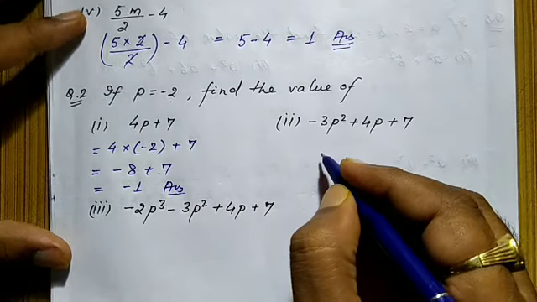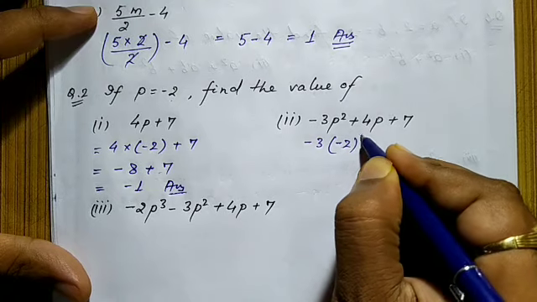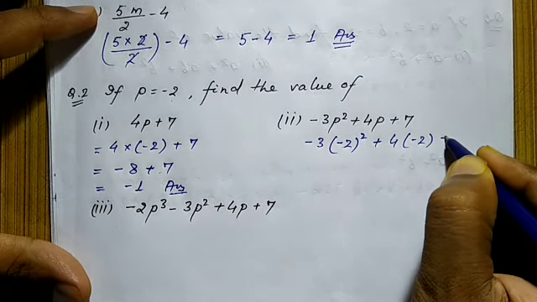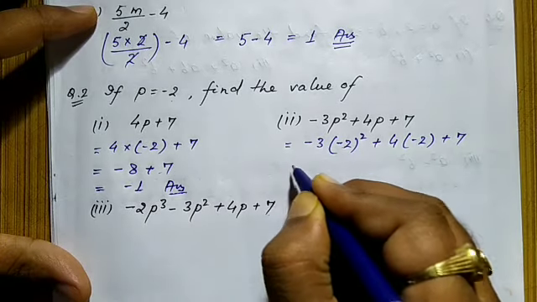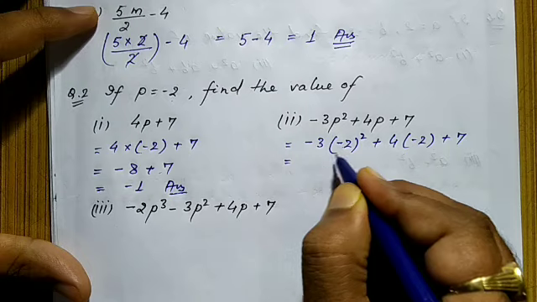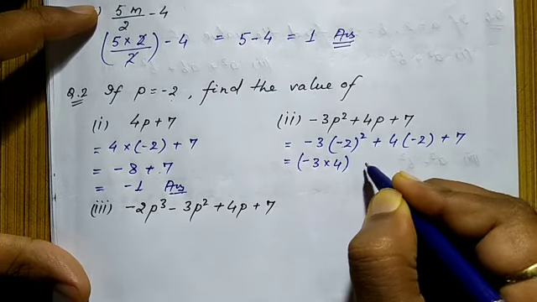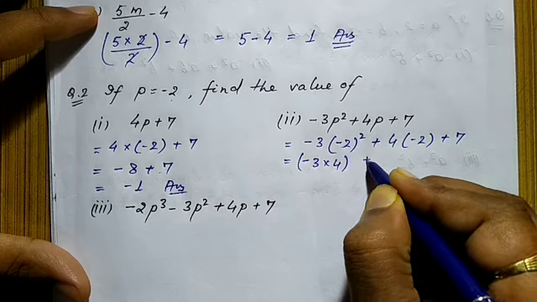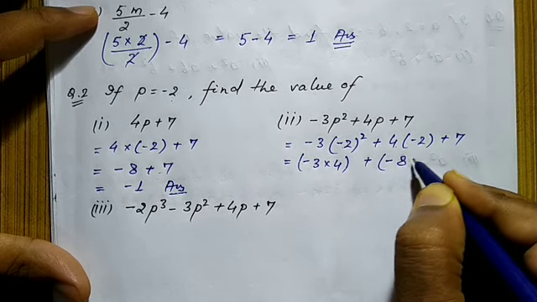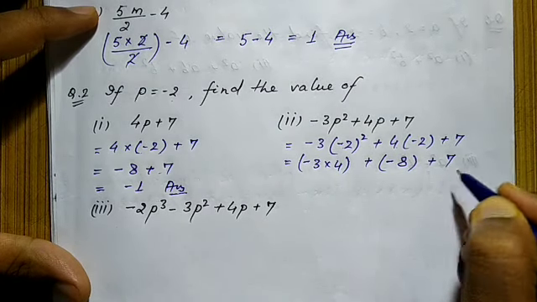Okay, here minus 3 into minus 2 whole square plus 4 into minus 2 plus 7. Okay, minus 2 whole square, that will become 4, means minus 3 into 4. Okay, here plus 4 into minus 2, means minus 8, plus 7.